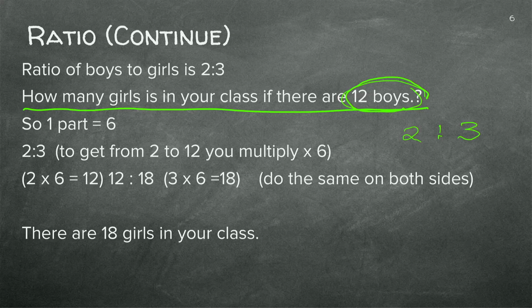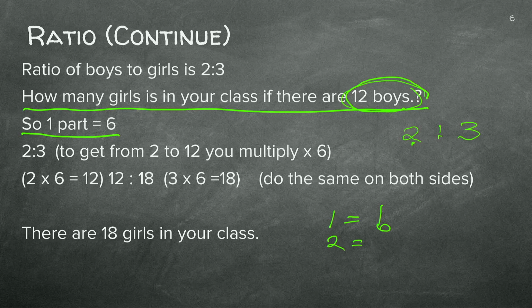So what are we going to work out? In other words, 1 part equals 6. So if 2 parts is 12, then 1 part will be 6. And then it's very easy to work out 3. So 1 part equals 6.